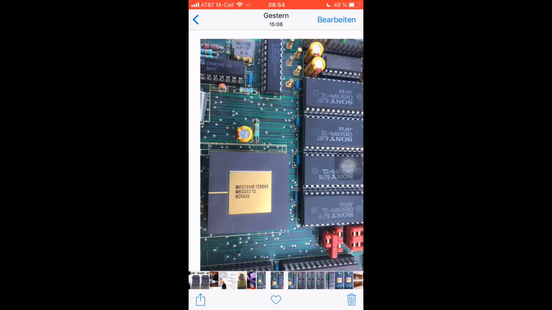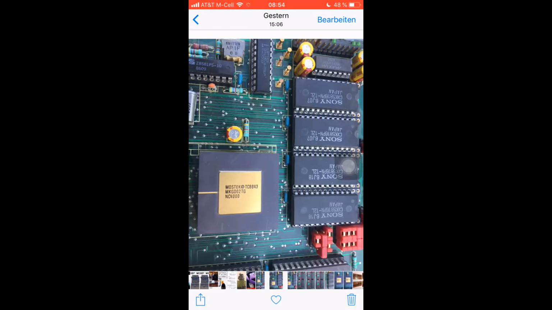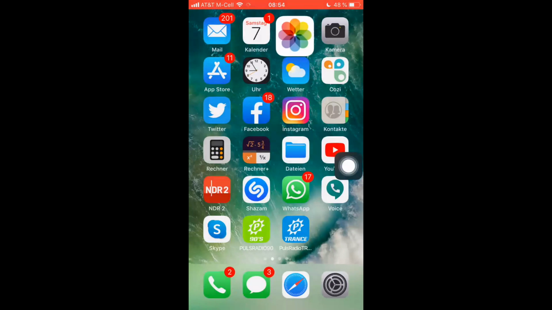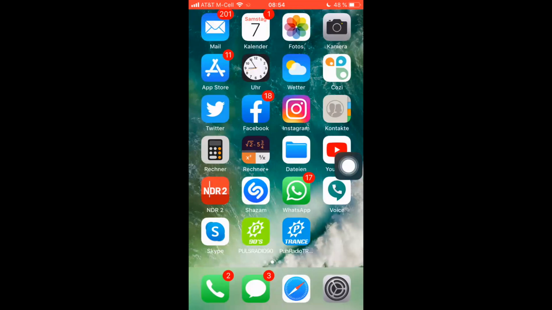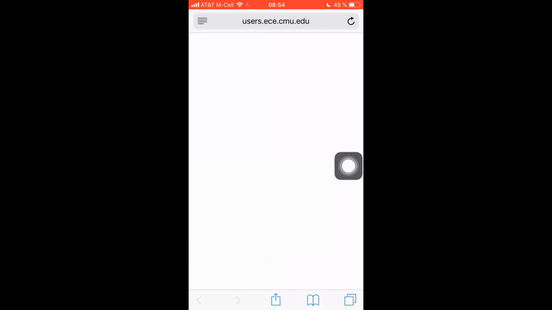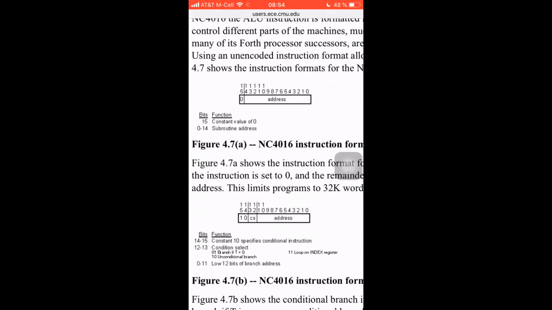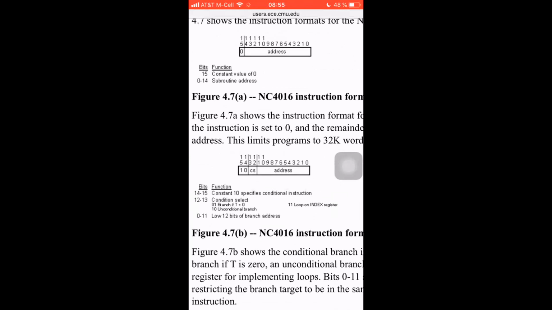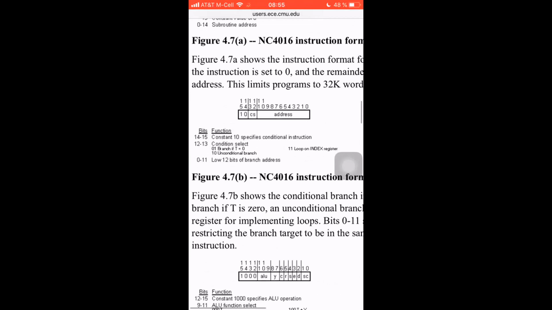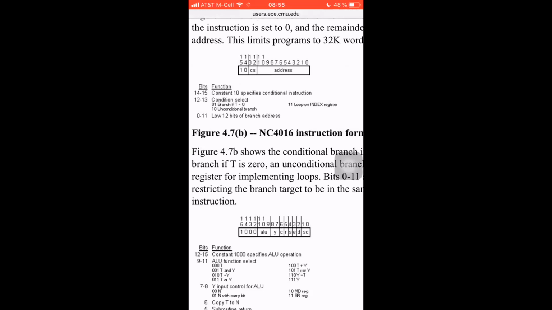Instruction set is interesting because it's unencoded. The parts and pieces of an instruction, where is my browser? Yeah, that. If we look at the instructions, every instruction is 16-bit because that's what our data bus is wide. And each and every bit of an instruction does something in the CPU.